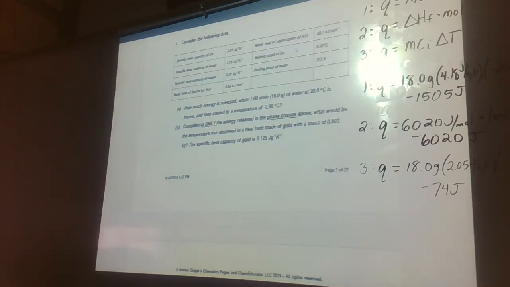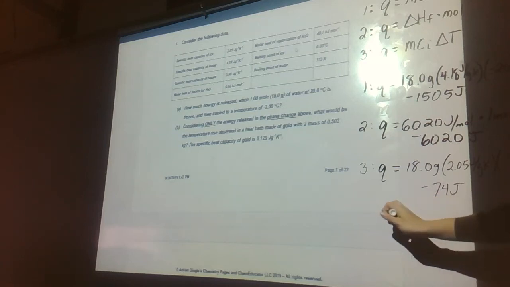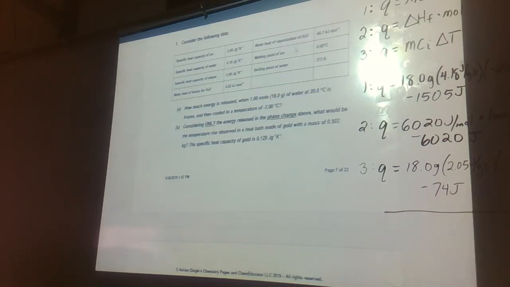To find the total energy for this to happen, to go from water at 20 to ice at -2, you just add up these 3 values. So -1505 plus -6020 plus -74 gives me -7600 joules.